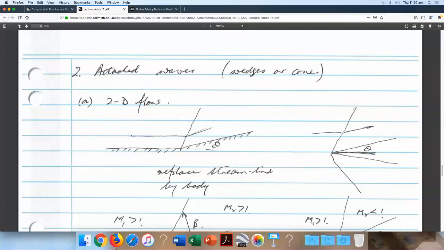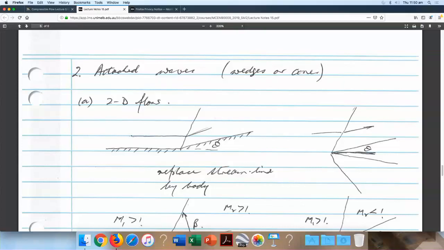This is a fairly weak wave. Well, we could replace this streamline by a body. And that is what is done. So here's the body. Here is the nose of the missile in supersonic flow.